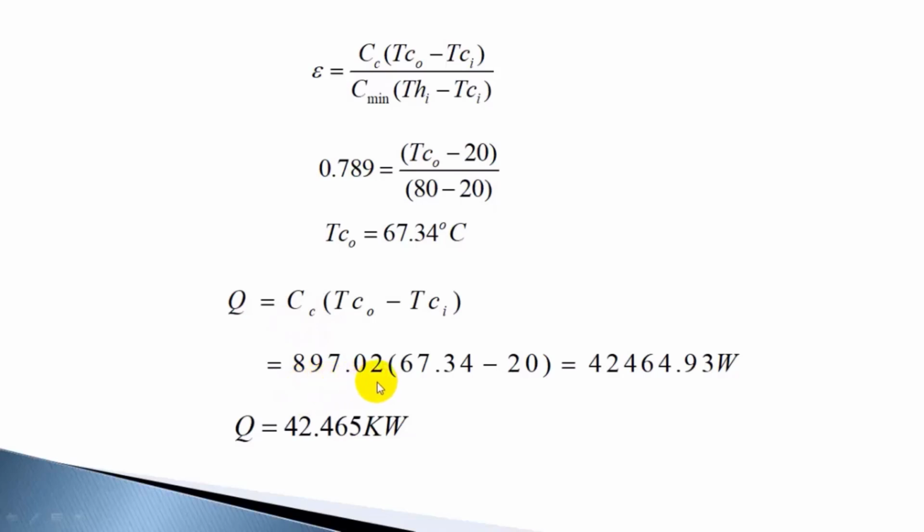So substituting C minimum as 897.02 and both the outlet and inlet temperatures, we can solve the heat gained by the cold fluid as 42,464.93 watts. Dividing by 1000, we convert into kilowatts. You will get the heat gained by the cold fluid as 42.465 kilowatts.